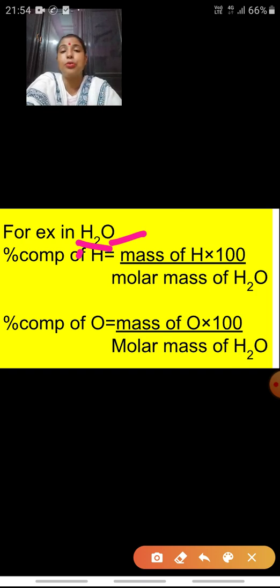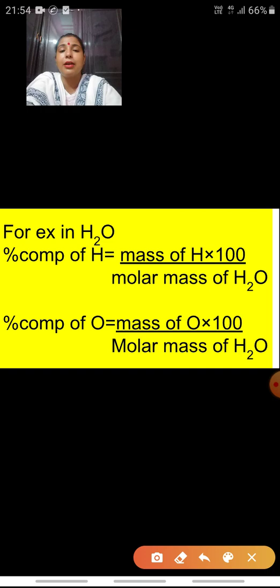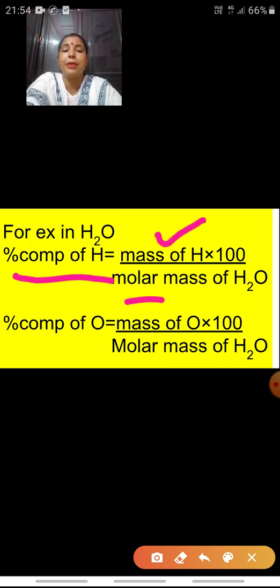In this compound, how much percentage is hydrogen and how much is oxygen, we can find out. The percentage composition of hydrogen will be equal to the mass of hydrogen divided by the molar mass of the compound, that is the water molecule, multiplied by 100.